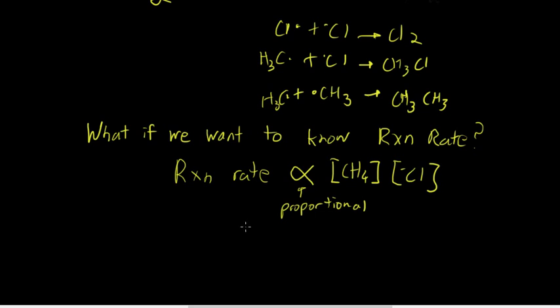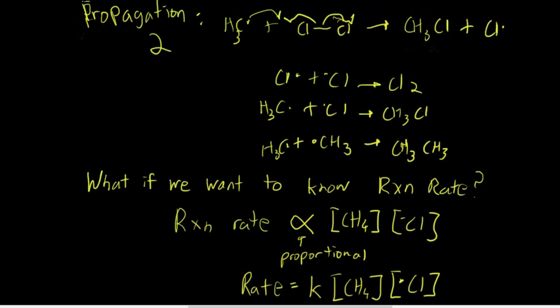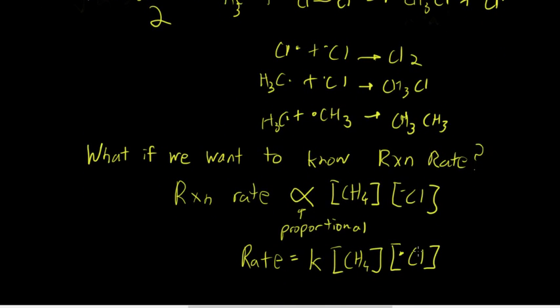So another way of saying that is the rate equals some rate constant K times the concentration of methane times the concentration of chlorine radical. And hopefully you remember that from your general chemistry classes, that you have a rate law written like this.